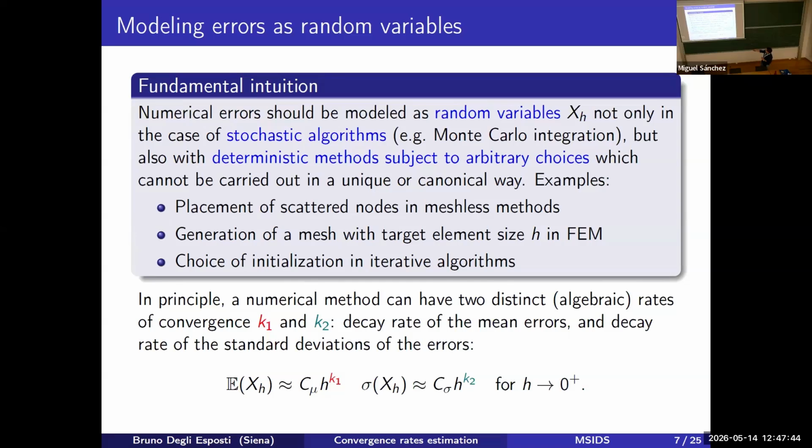So in principle, these errors can have two distinct rates of convergence. One is the decay rate of the mean errors, and one is the decay rate of the standard deviations of the errors. So imagine these Gaussians getting smaller and smaller and getting closer and closer to zero. But in principle, this could happen at two different rates, k1, k2.